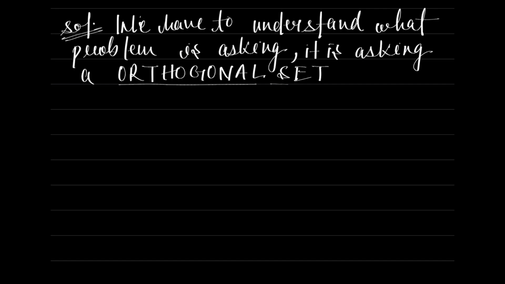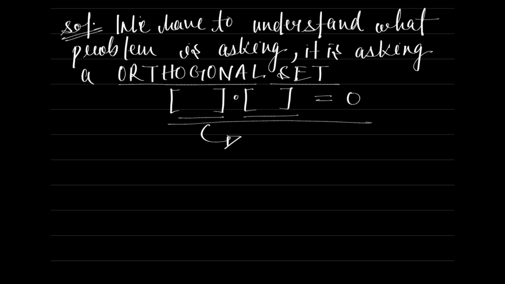Orthogonal set means that for two vectors, when the dot product between them is equal to 0, we say the set is orthogonal.